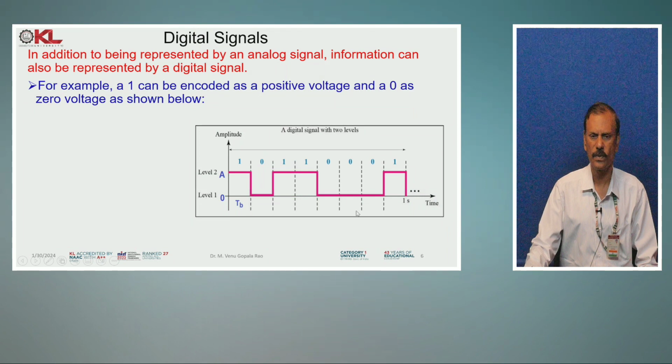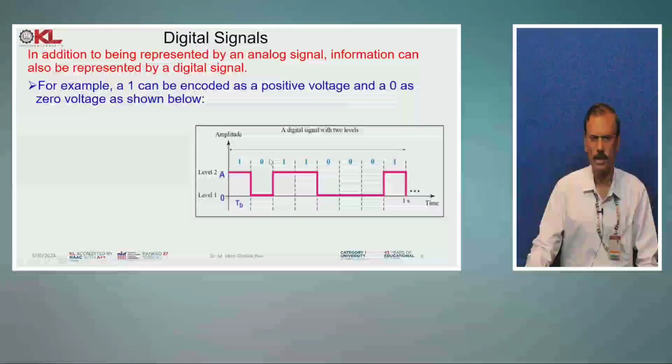This is digital information 10110001. We convert these ones and zeros to voltage levels by using line coding, as we have studied in baseband digital transmission. Level 0 is 0 volts, and 1 stands for magnitude A of the signal. This is the waveform corresponding to the digital information.